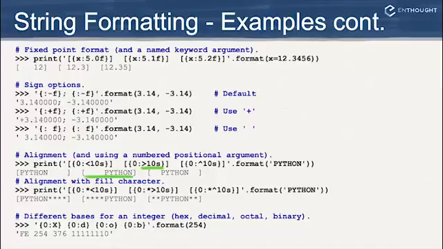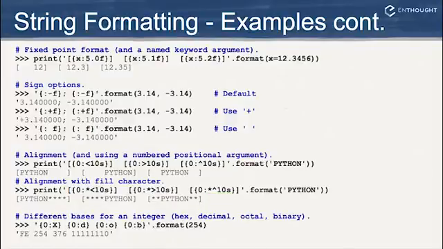The right caret means to right justify this, and then the up caret means to center justify it. If we put a star or some character in front of the justification character, the caret value, then that's going to be the character that's used to fill. Typically it's just a space if you don't specify it, but here we've specified it with a star and use that to pad around our character.